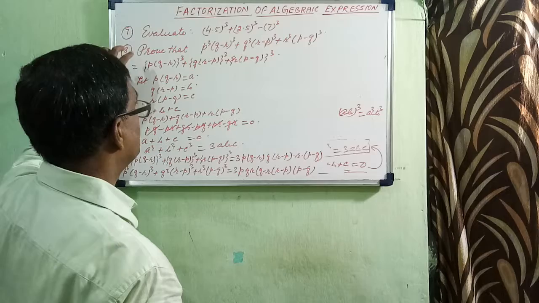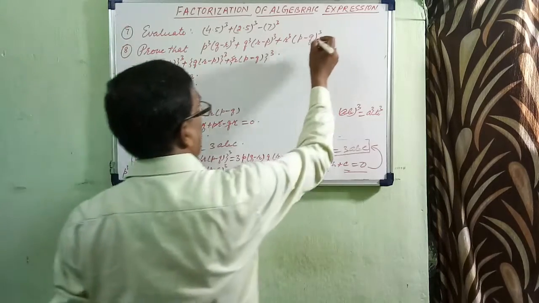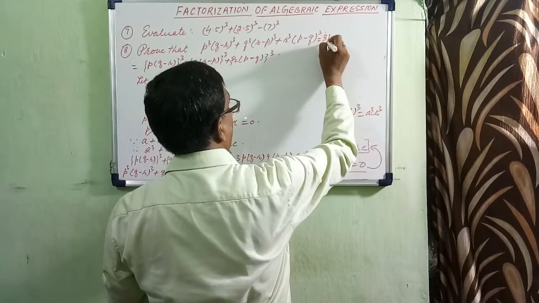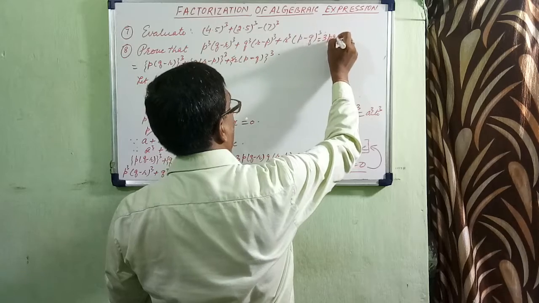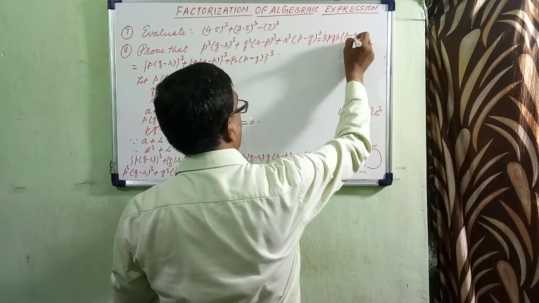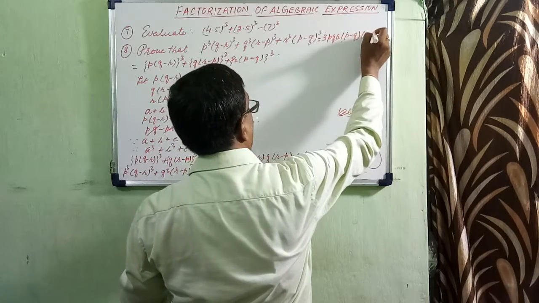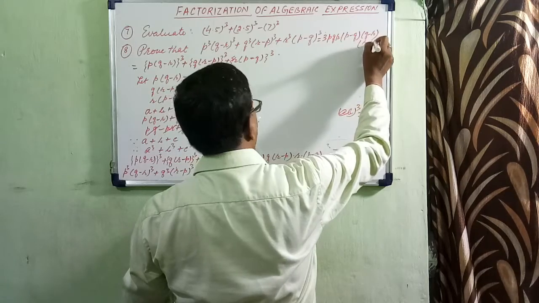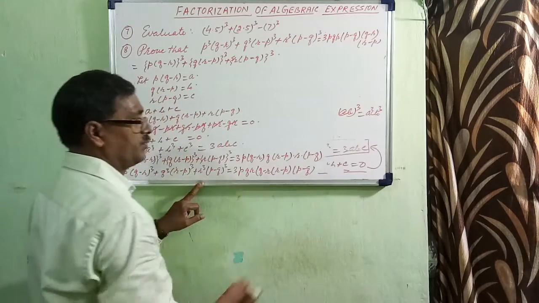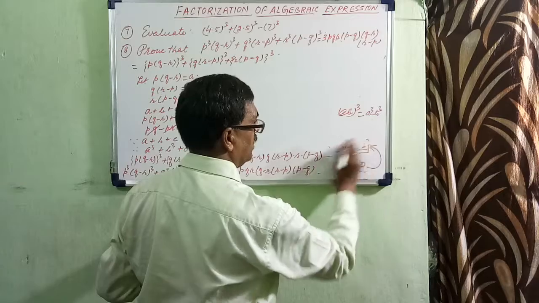Oh, sorry, it was to be proved here, I made a mistake. 3PQR into P minus Q, Q minus R, R minus P. That was to be proved.